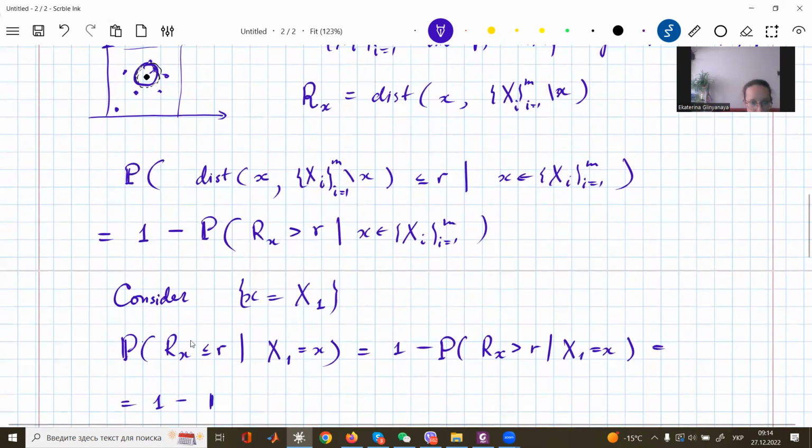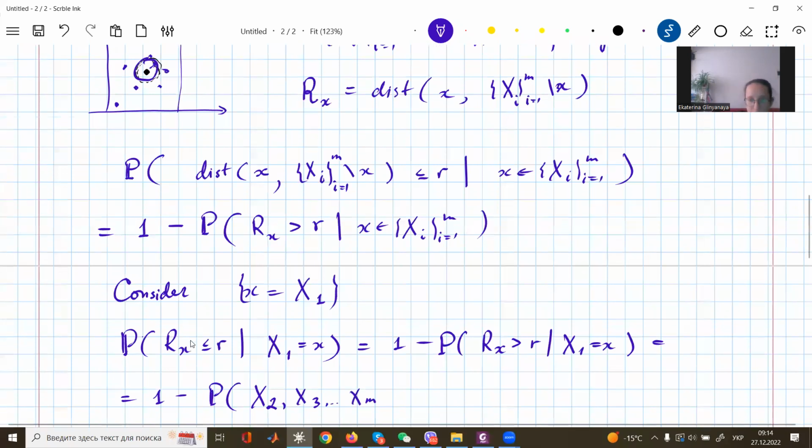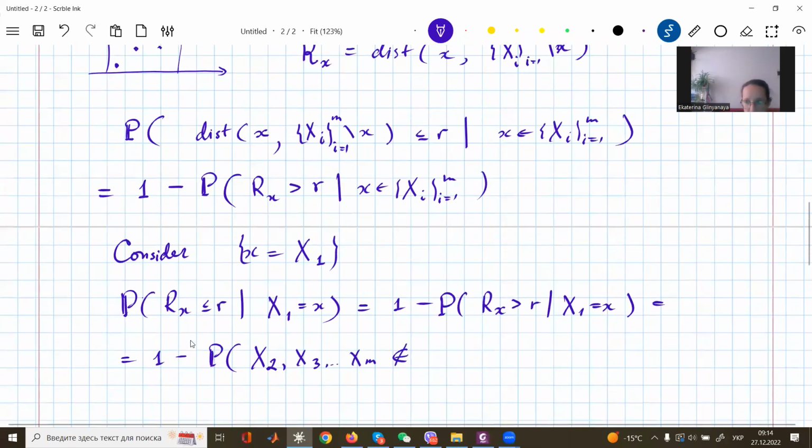So this means that the random points x2, x3, and so on up to xm do not belong to the ball of radius r around x.